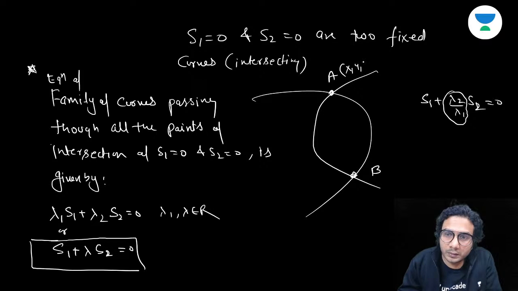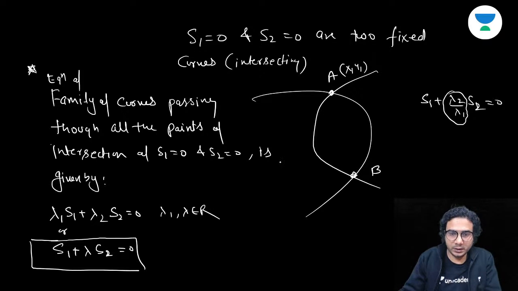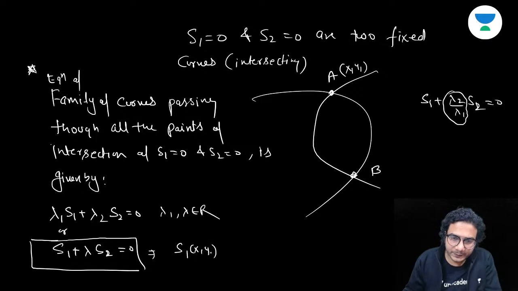Can we show that this curve is passing through A and B? S1 means S1(x, y), an expression in x and y, plus lambda times S2(x, y) is equal to 0.